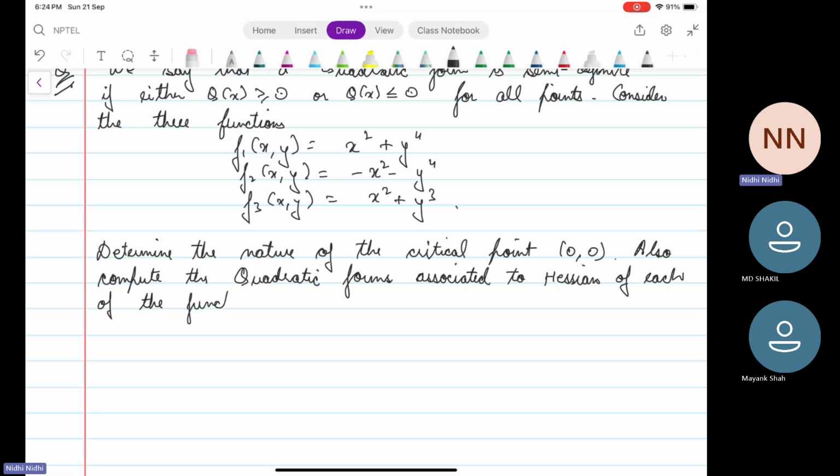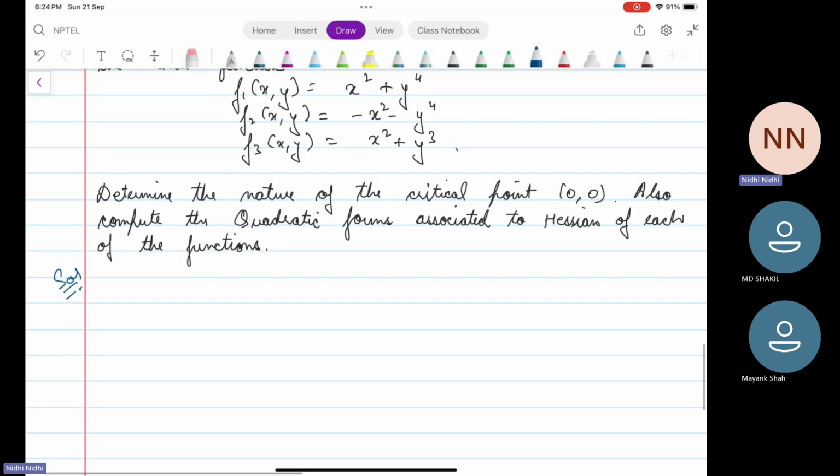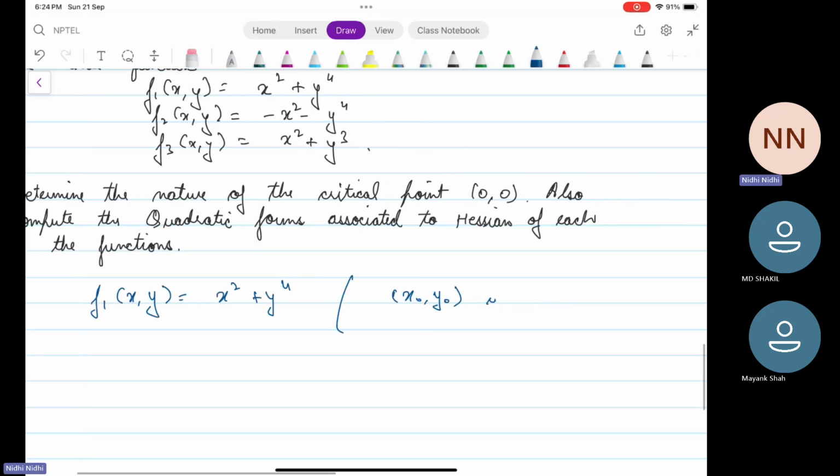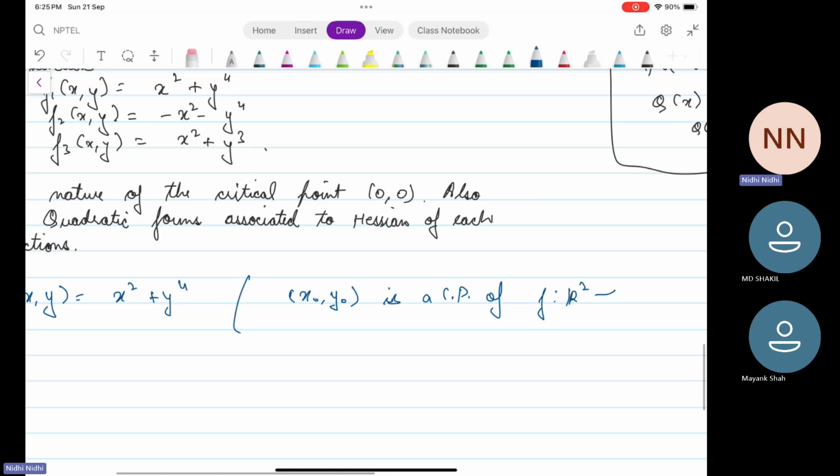So we'll start with the nature of the critical point. f1(x,y) is a function from R2 to R. A point (x naught, y naught) is a critical point of any function f from R2 to R if and only if all the partial derivatives are 0 at that point.